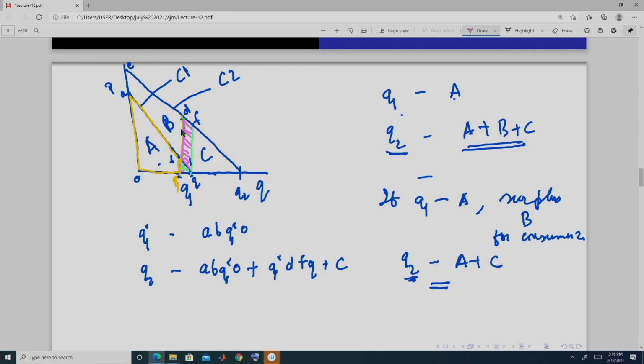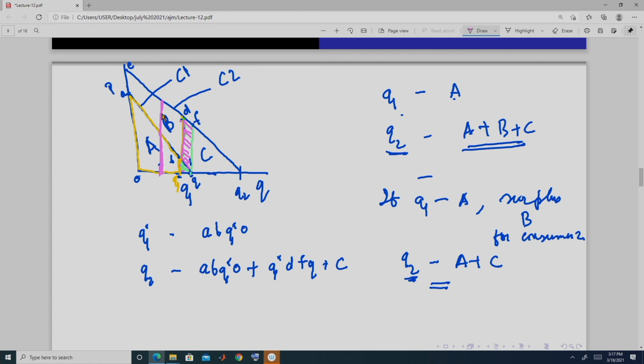So, the monopolist will go on like this as long as, at the margin, if it increases from here to here, this much is the loss and the gain is this much. So, till the point where marginal loss is equal to marginal gain.